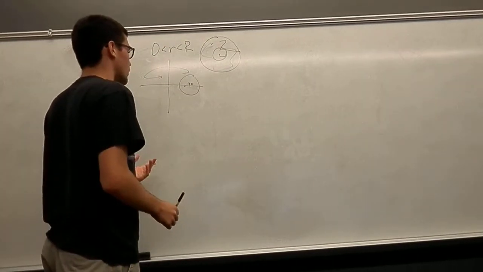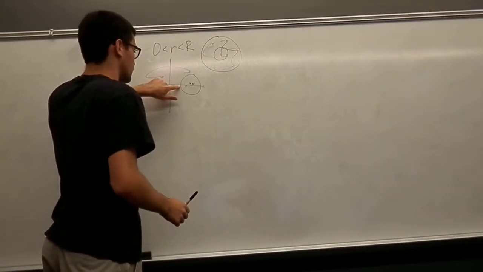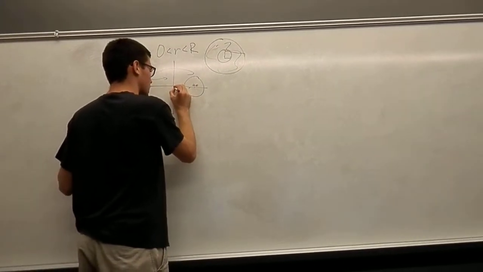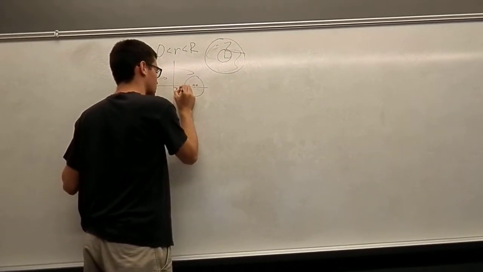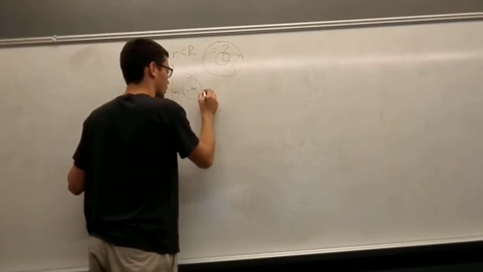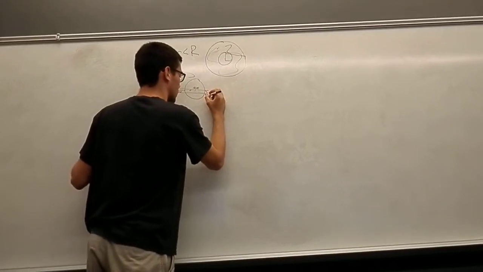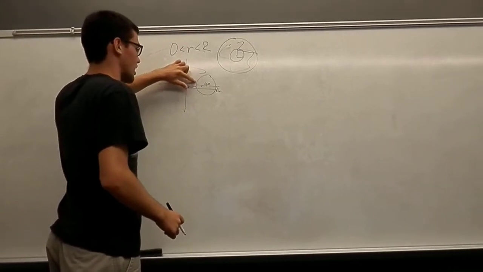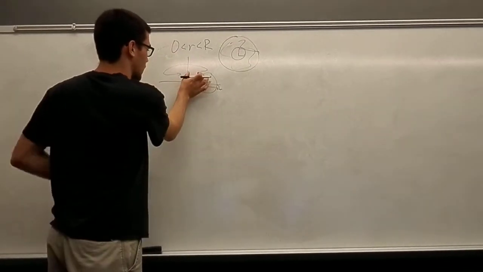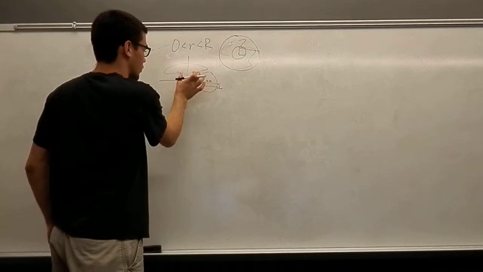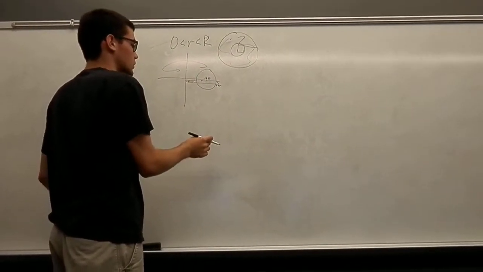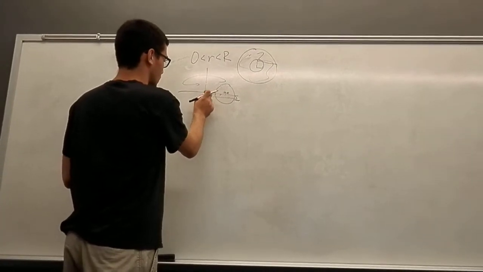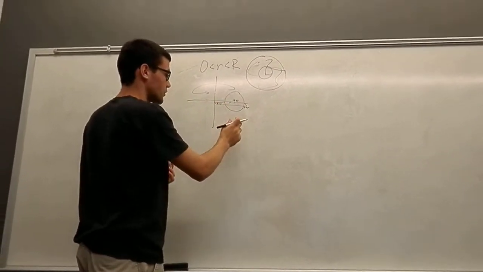On the x-axis, it's easy because the distance here is just big R minus little r, and here it's just big R plus little r. But that changes as it goes up and down. So you need to solve for x, which is this distance.